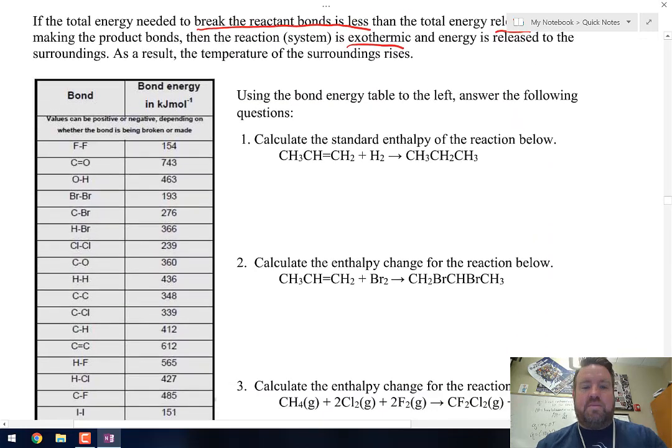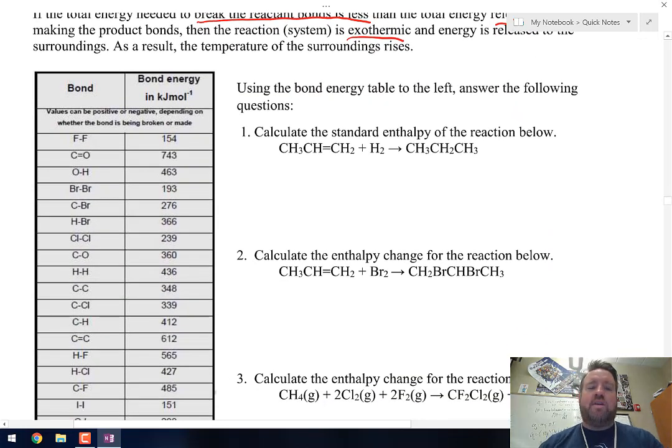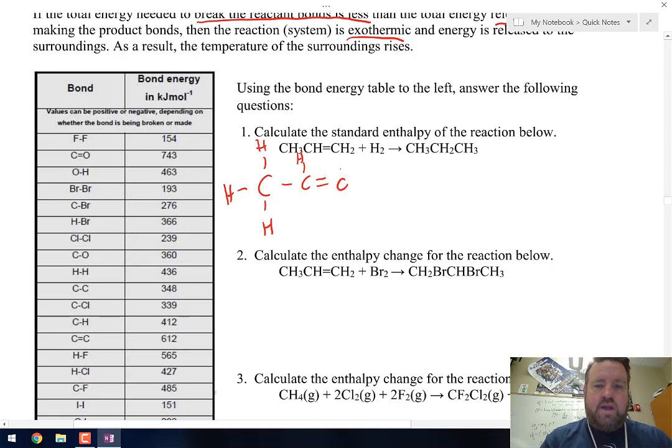It says, using the bond energy table on the left, answer the following questions. So it says, calculate the standard enthalpy of the reaction below. What we need to do is draw out our molecule here and then count up the bonds that are broken.